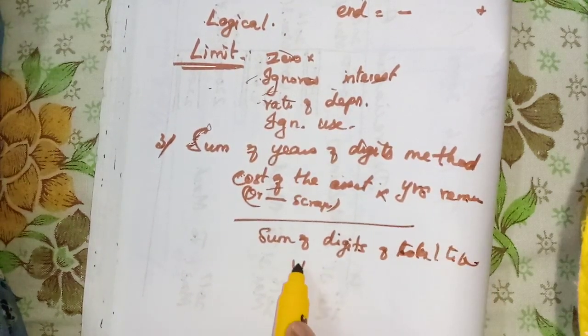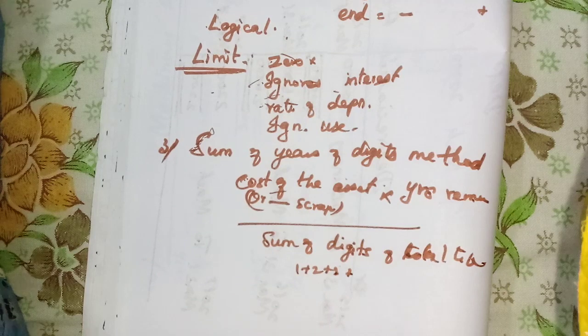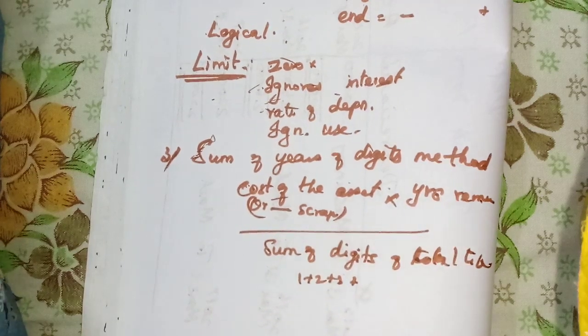Okay, that means 1 plus 2 plus 3, like that. If it is for 20 years, that is the sum of digits of the total life of the asset.